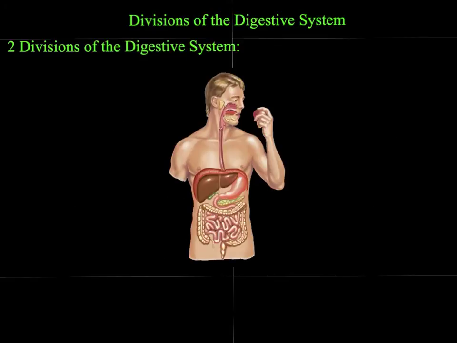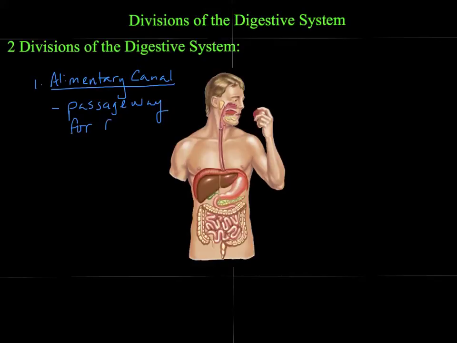There are 2 divisions of the digestive system. The first division is called the alimentary canal, which also can be called the digestive tract or the gastrointestinal tract. Now, the alimentary canal is the passageway for food. Some organs of the alimentary canal have dual function.